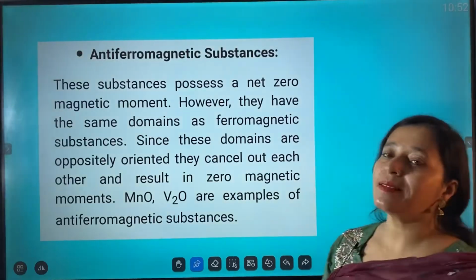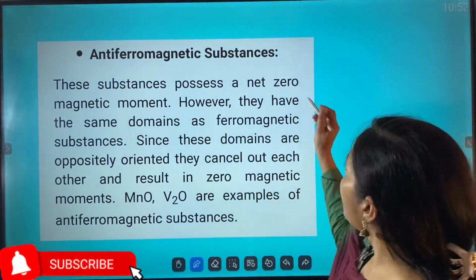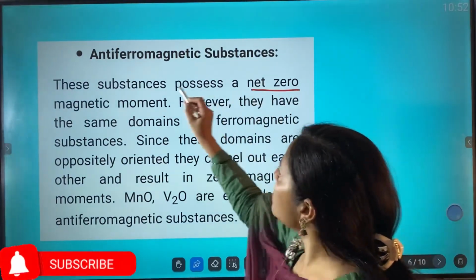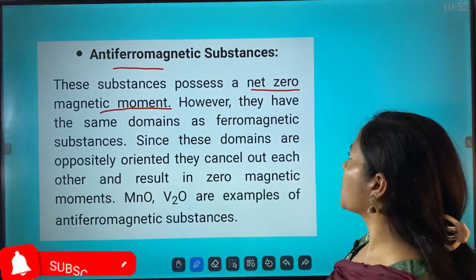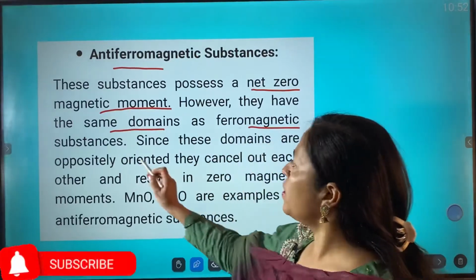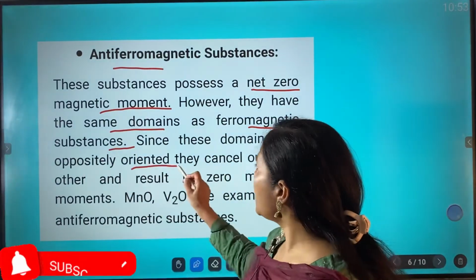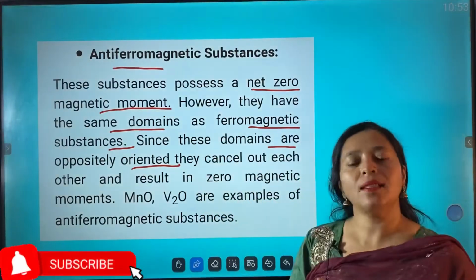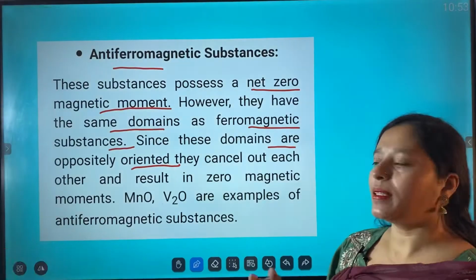Our next one is antiferromagnetic substances. As the name suggests, their net magnetic moment is zero, but they have the same domains as ferromagnetic substances. These domains are oppositely oriented, so they cancel the magnetic moments of each other and result in zero magnetic moment.